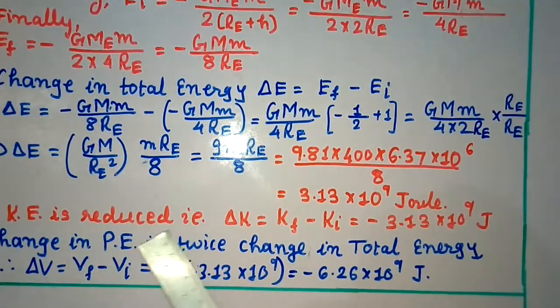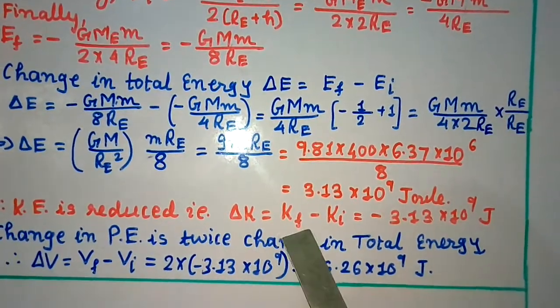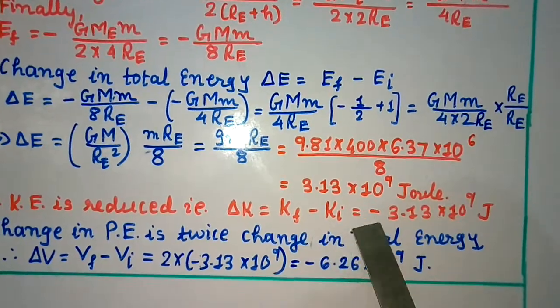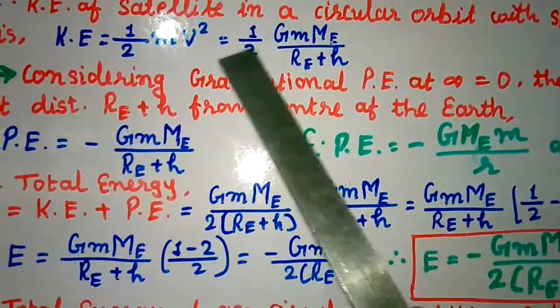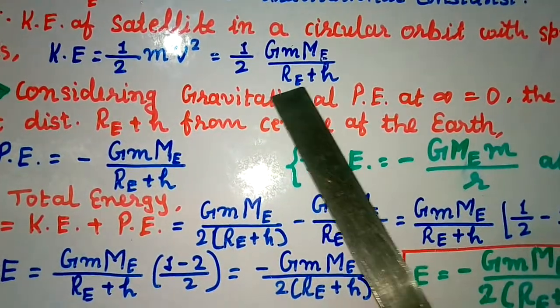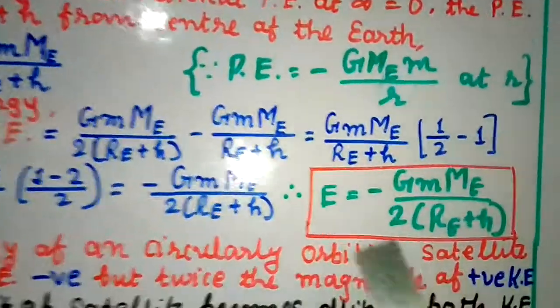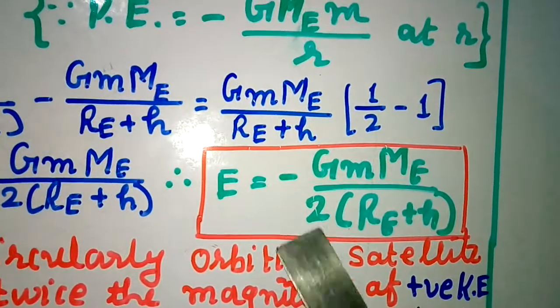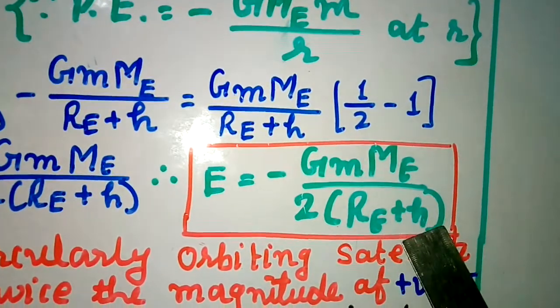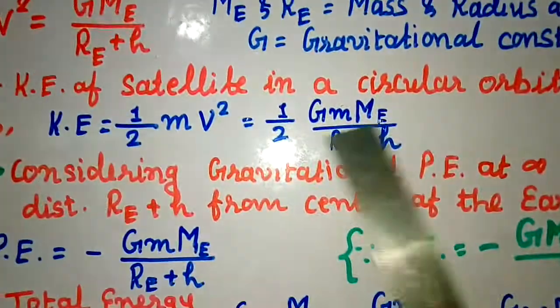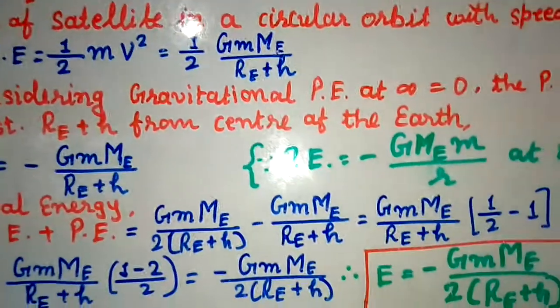Now kinetic energy is reduced, that is delta K is equal to Kf minus Ki. I already said that the kinetic energy is equal to half GMMe by Re plus H. Similarly, the total energy is minus half GMMe by Re plus H. That means they are similar, right? Kinetic energy and the total energy both are the same.